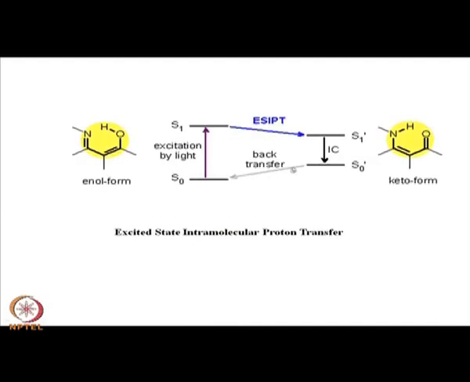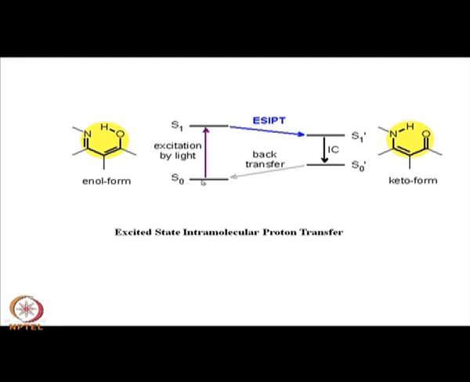This is another schematic, where you have the enol form. Generally most of the examples are related to keto-enol tautomerism, in the electronically excited state. You see this is your enol form, and this is your keto form. This tautomerization is taking place in the excited state.